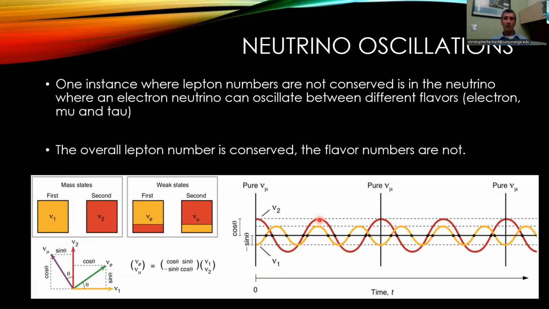And that was why we were detecting fewer neutrinos than we knew were being created by these reactions. So here's a breaking of the symmetry, where the conservation of a certain type of lepton number is not conserved due to this oscillation.